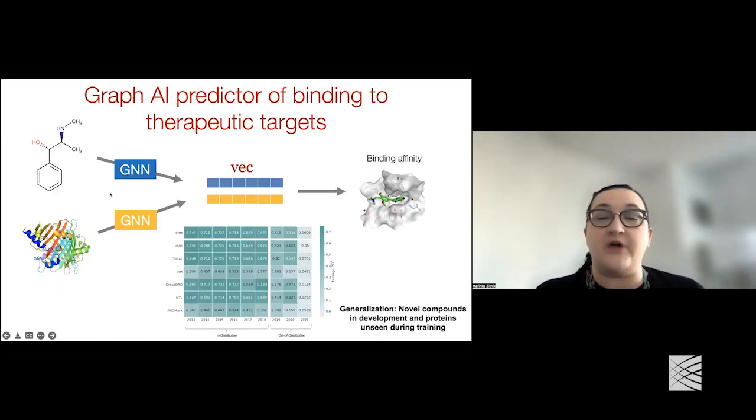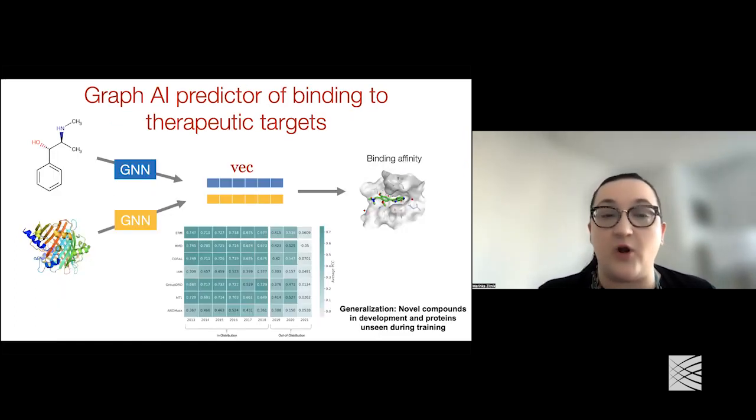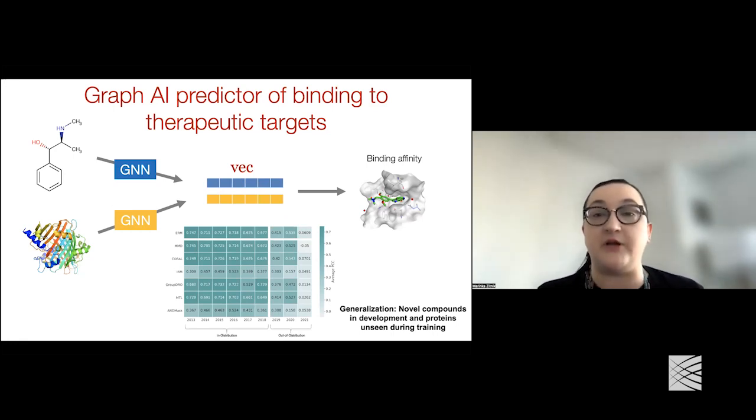Finally, there are other kinds of biological problems that representation learning can be particularly useful for. We have seen in recent years tremendous interest in using these graph-based representations to model binding affinity between therapeutic targets and novel compounds. The way that is approached is by taking the structure of the therapeutic target and using a separate embedding algorithm to derive a feature vector, an embedding, for that protein target.